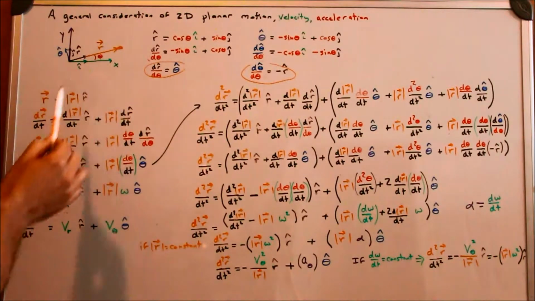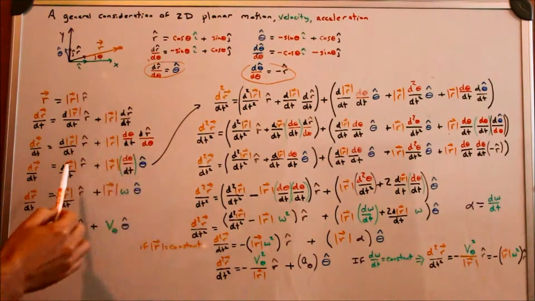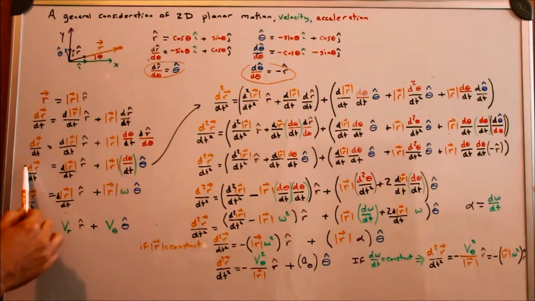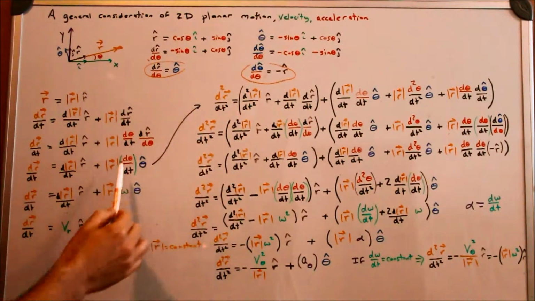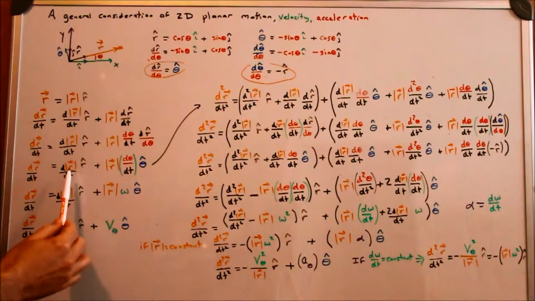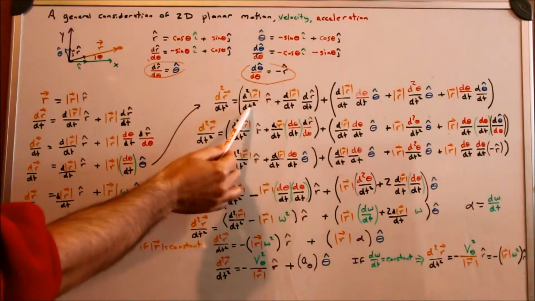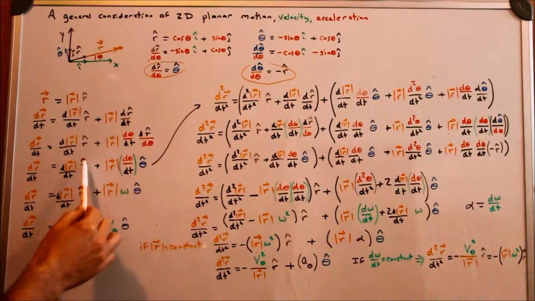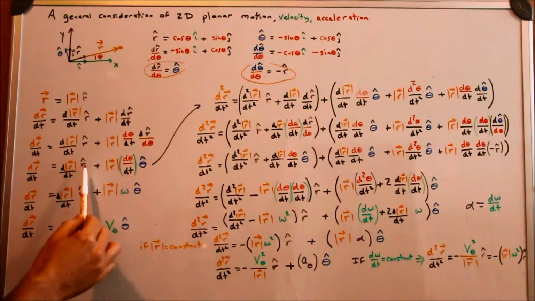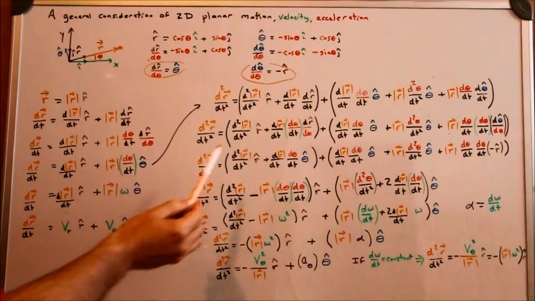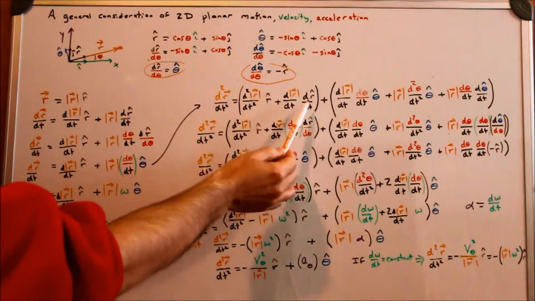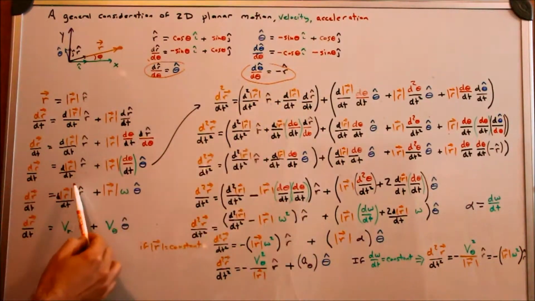Acceleration of that particle point, well, that's the derivative of this velocity with respect to time. So I'll take the derivative here, and then I can take this term right here, and I'll take the derivative of that with respect to time. So d squared r dt squared in this here, and then times this r hat, and then I can do the product rule again, the derivative of this term with respect to time, this term times the derivative of r hat with time.